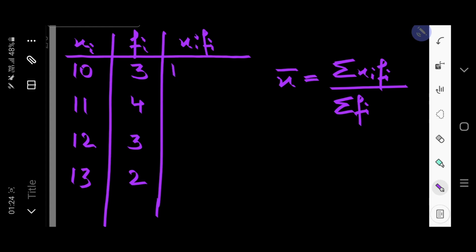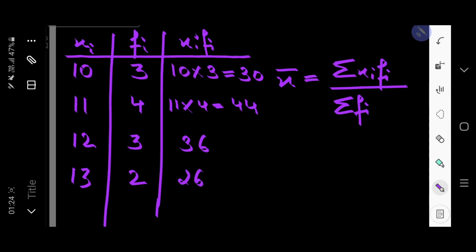So it will be 10 multiplied by 3, which is 30. Similarly, we have 11 multiplied by 4, which is 44, and here it will be 36, and here it will be 26. So now we have xi fi values for all of the data points.